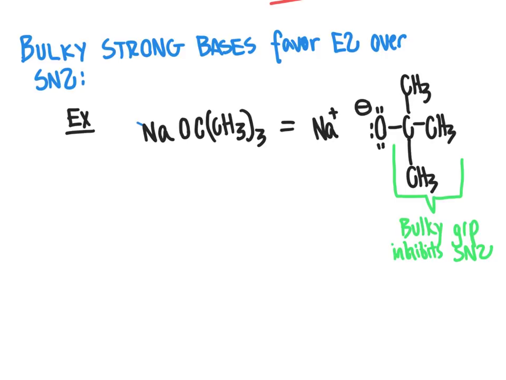So this is going to be a much better choice if we want to do an E2 reaction over, say, using something like sodium methoxide. Even though the base strength of each of these two is relatively similar, the sodium methoxide, where we just have that O methyl group, is going to be much less sterically hindered.